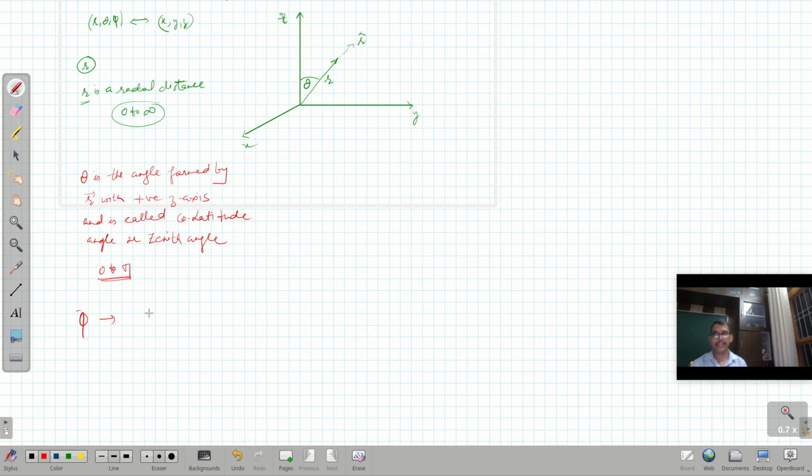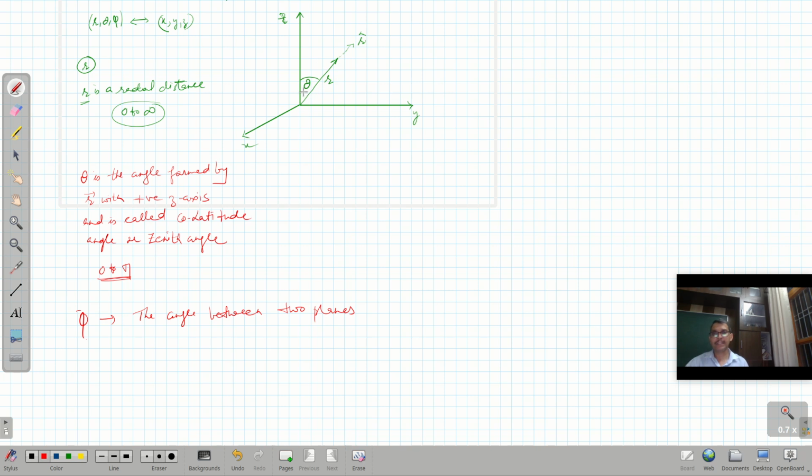It is basically the angle between two planes. So what are the two planes which I am considering here? One is the plane in which this r is sitting. Let me draw that plane here.